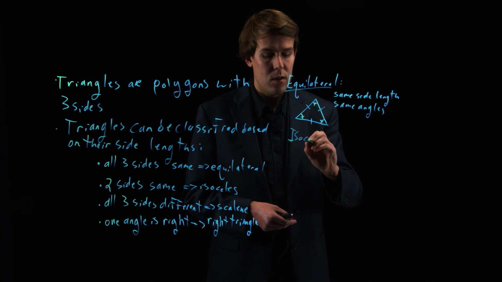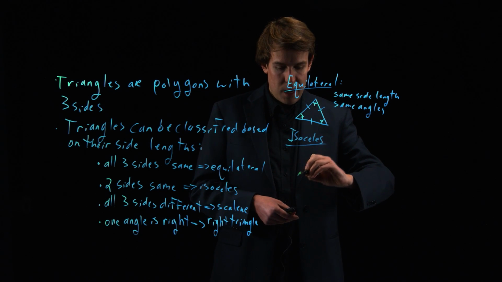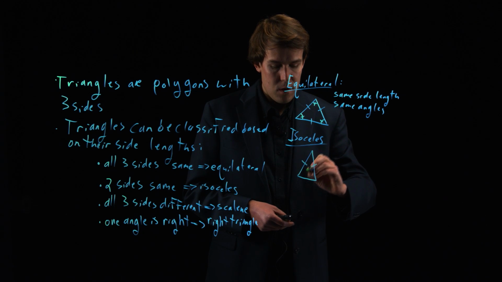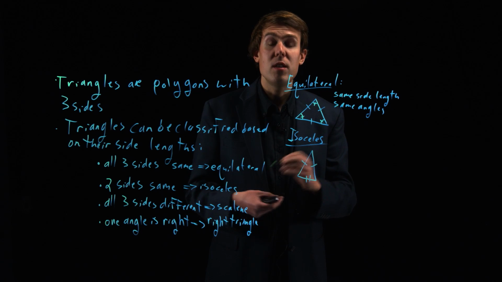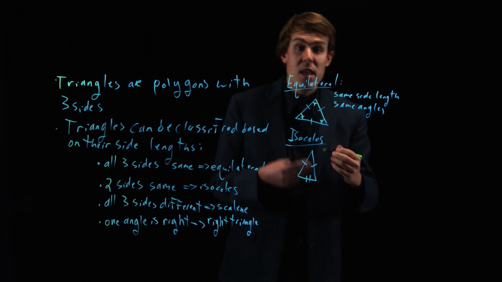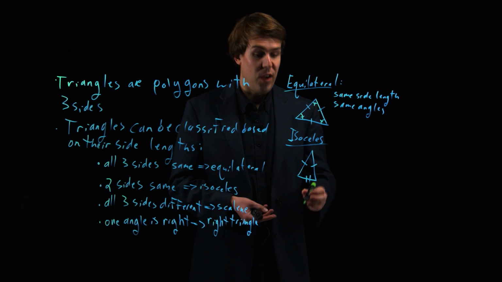Isosceles triangles have two sides that are the same, but one that's potentially different. These also have special structure for the angles. The angles that are opposite the sides that have the same length are the same.